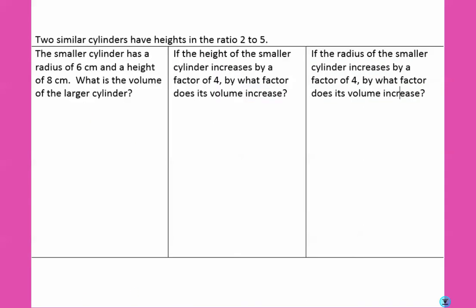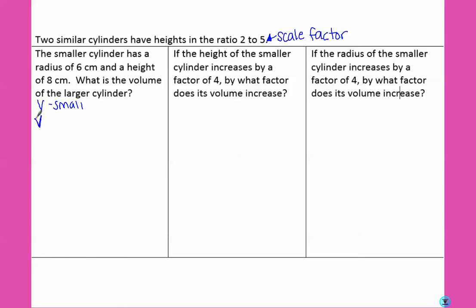All right, two small cylinders have heights in the ratio of 2 to 5. If you think back a couple units, that's our scale factor. If the smaller cylinder has a radius of 6 centimeters and a height of 8 centimeters, what is the volume of the larger cylinder? The first thing we need to do is find the volume of the small cylinder.